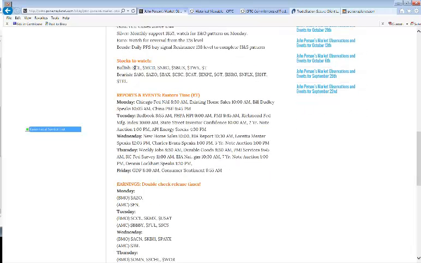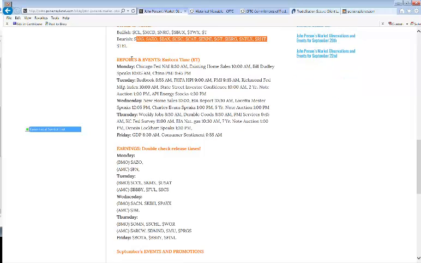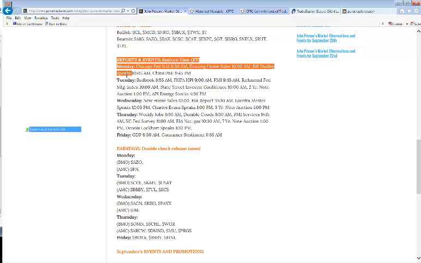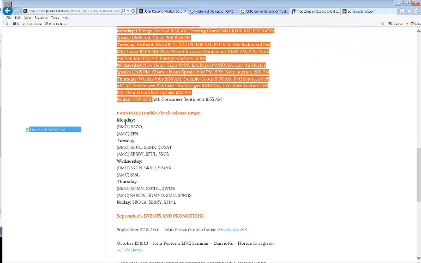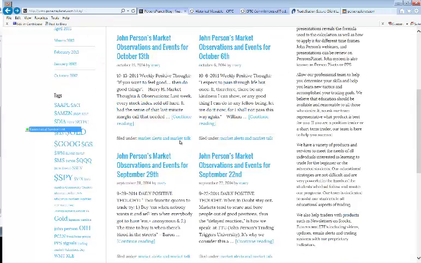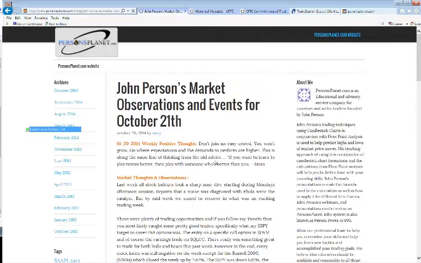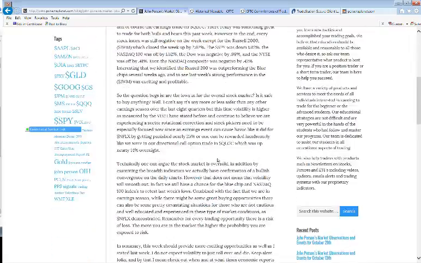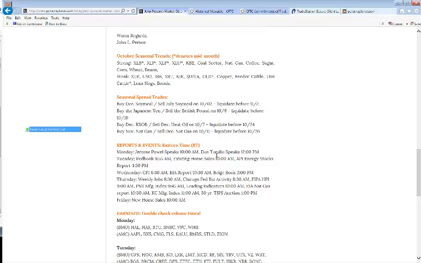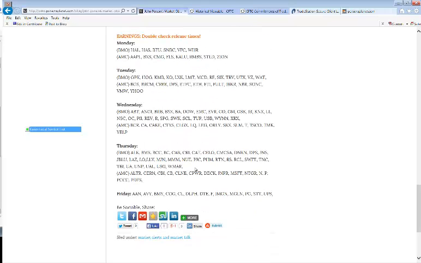Stocks to watch: we have bullish and, obviously, more bearish. We also give you the week in advance of what the reports are and what earnings are out. So you can read this little blog that we put out every week, and this week as well, of what we're looking for. It's a nice report so that you're prepared with what's coming out.